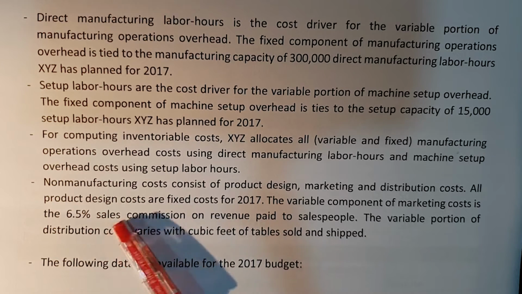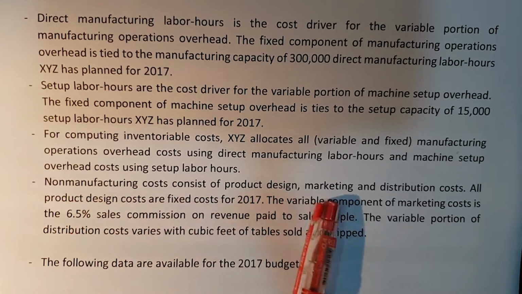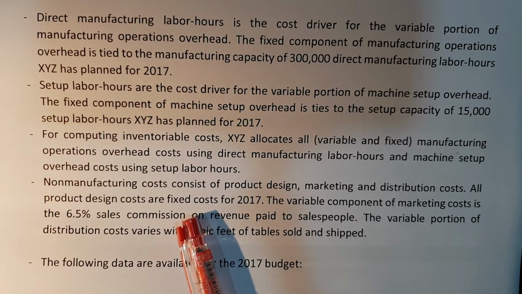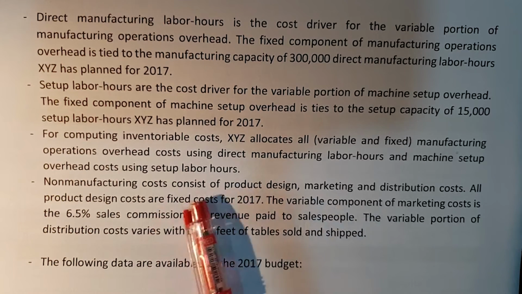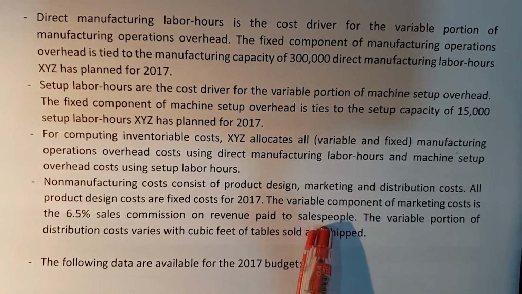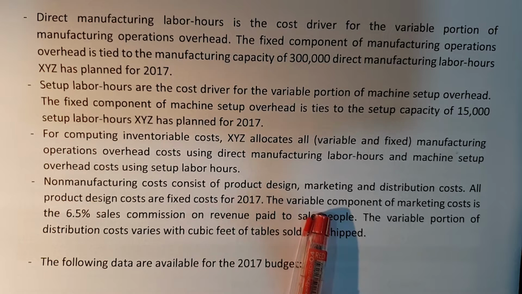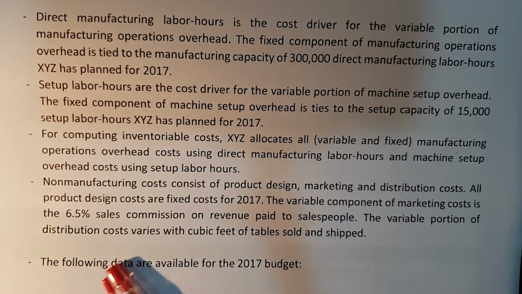In regards to these non-manufacturing costs, marketing and distribution, because we only cover Schedule 1 to Schedule 7 of the Master Budget, we are not going to use this information, given that it will normally be used for Schedule 8 and Schedule 9 in the operating budget, for the marketing cost budget or distribution cost budget. We continue with our questions.